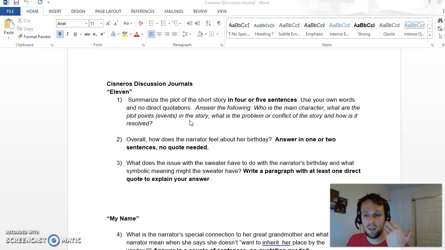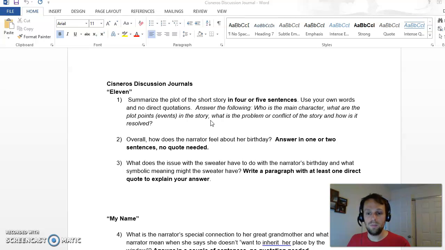So you want to set us up with who the main character is and what's going on with the main character. Then, at the end of the first page and beginning of the second page, the events of the story start to take place, and you can start talking about the conflict.